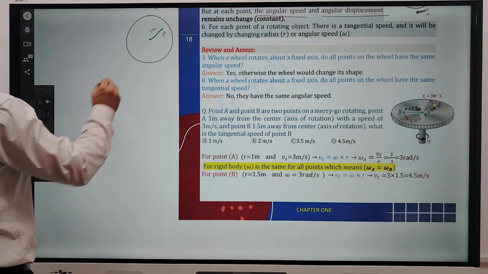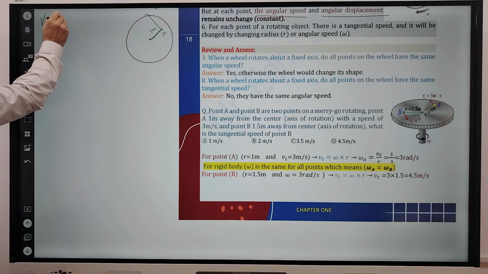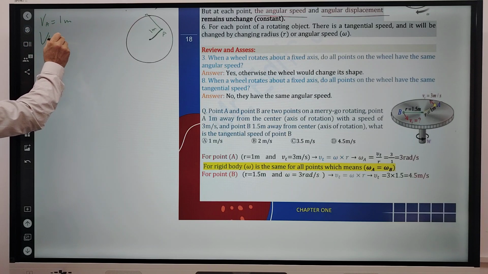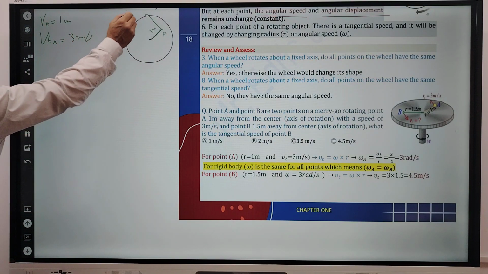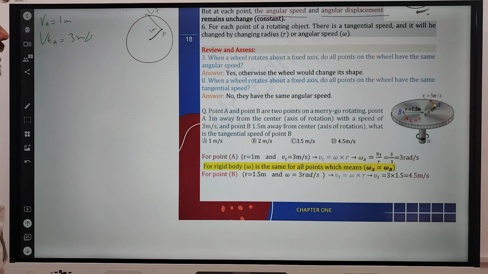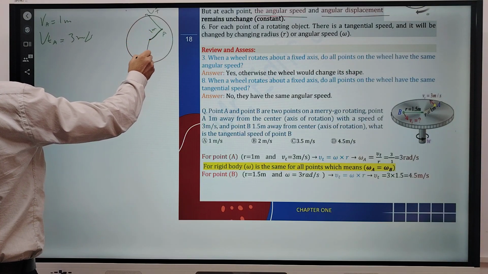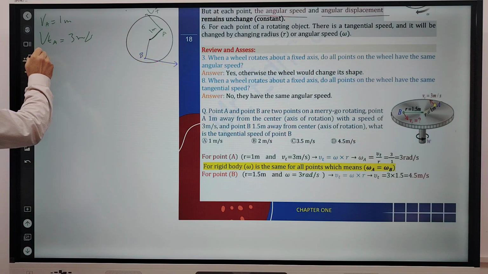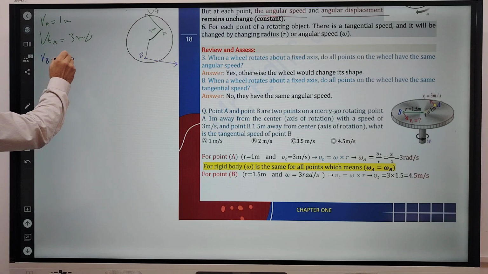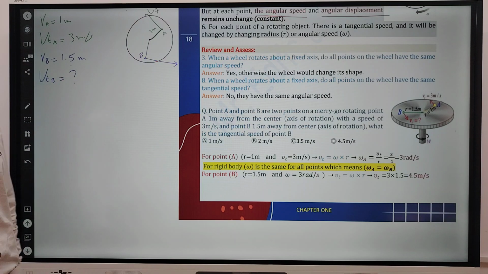The speed is 3 meters per second, which means RA is 1 meter and VTA was given as 3 meters per second. This is VT. And point B is 1.5 meter away. This is point B, with RB of 1.5 meter, and VTB should be unknown.